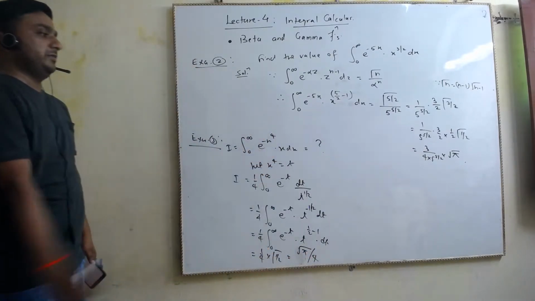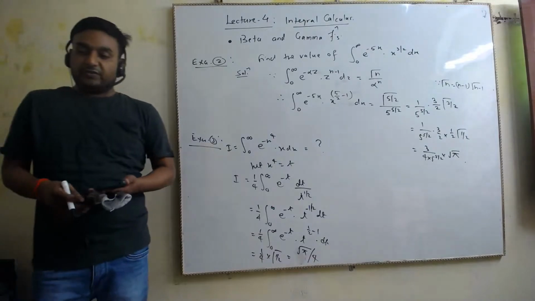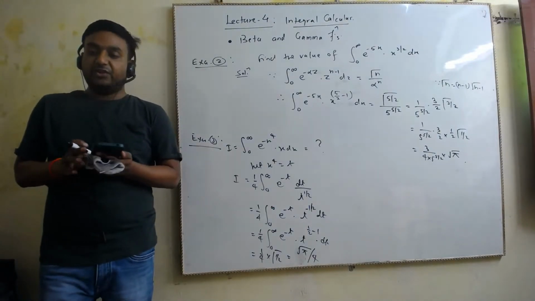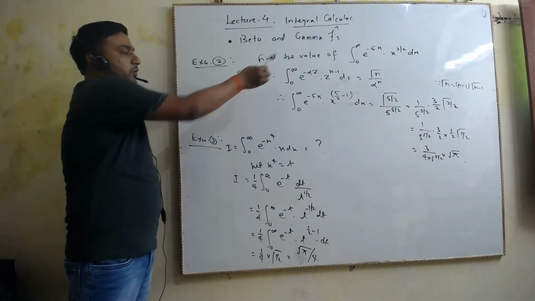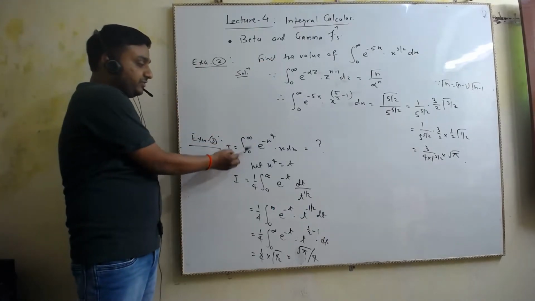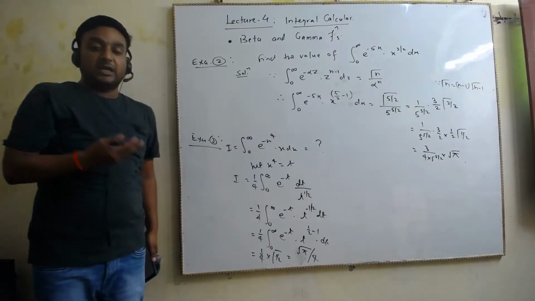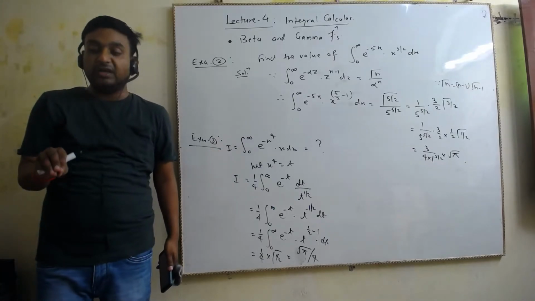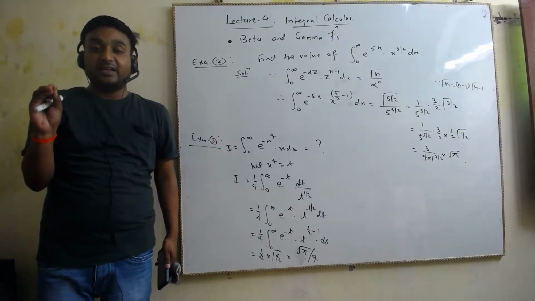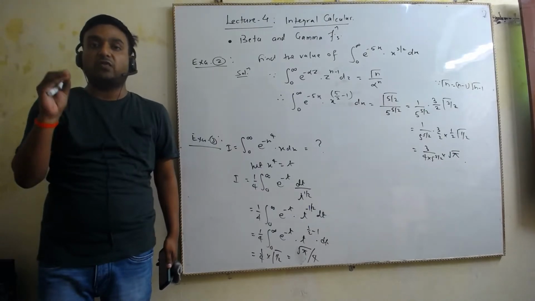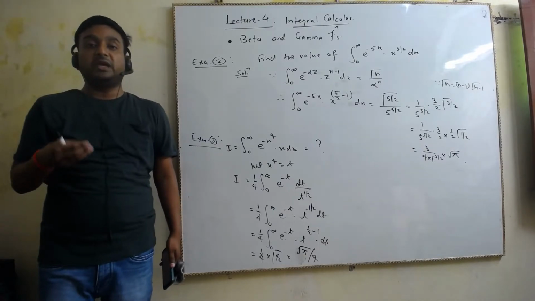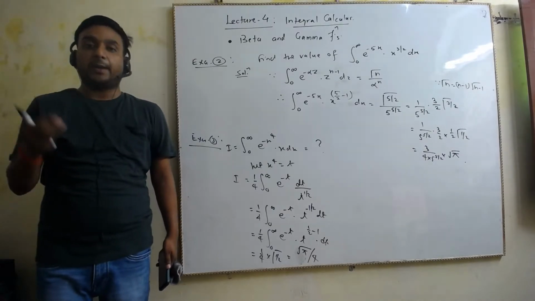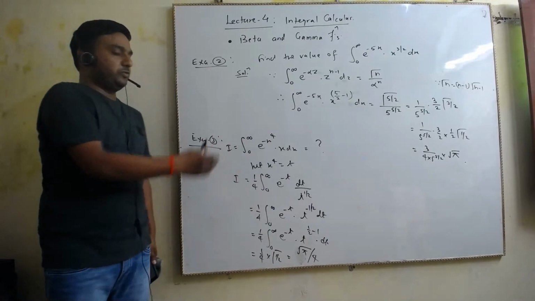So that is your answer. This is how the gamma function application you can have to solve such integrations. Whenever you have integrations from 0 to infinity with exponential and polynomial included, it is an indication that it is a question of gamma function, because by usual integration you may fall into a trap. So please note down.